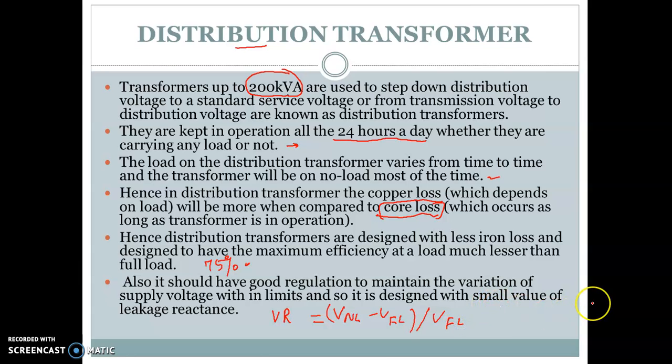So voltage regulation should be small, so that the variation of voltage is as small as possible, and efficiency should be as high as possible. But in a distribution transformer, the efficiency is maximum at about 75% of the full load.